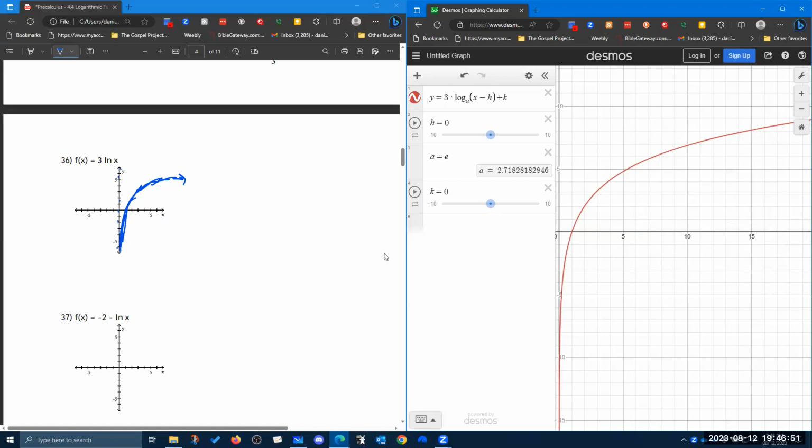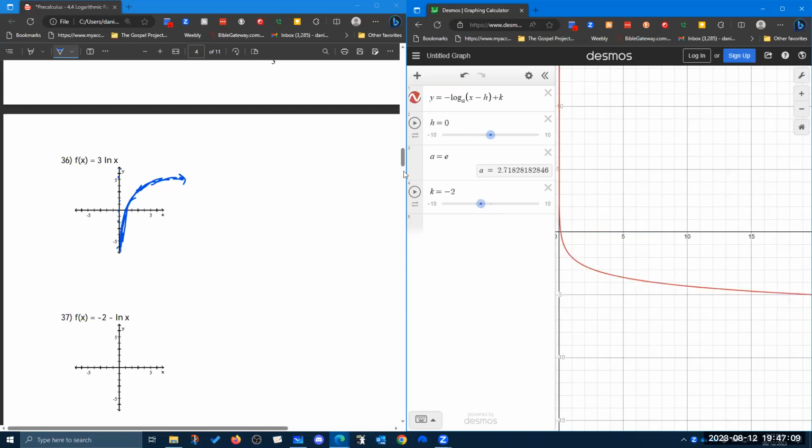Now I've got -2 minus ln of x, so I want a negative. My base is e still, and I want my k to be -2, like so.